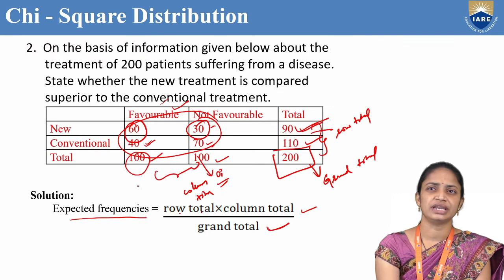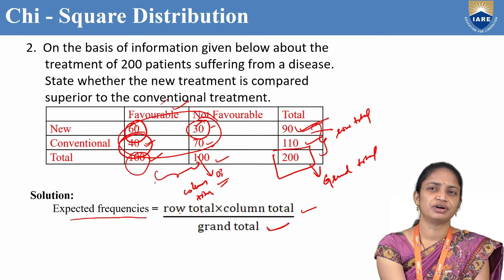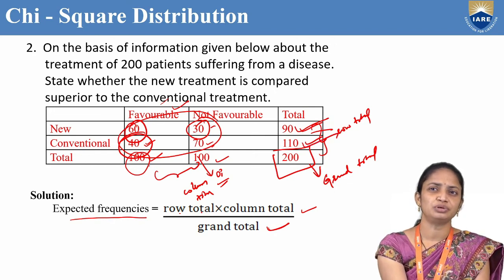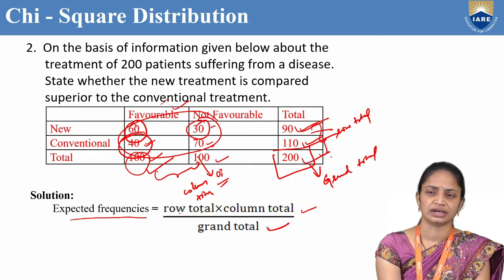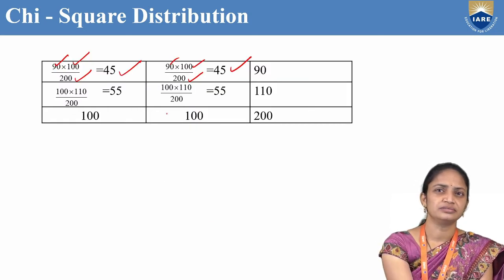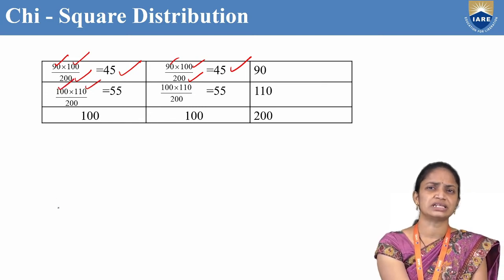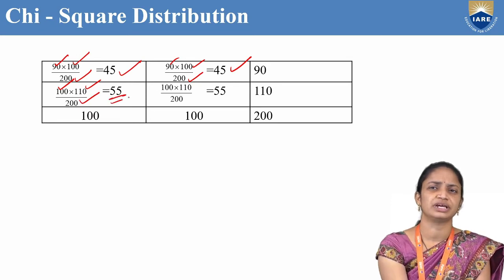In the next case, for 40, the row total is 110 and the column total is 100, divided by the grand total 200. Simplifying, we get 55.